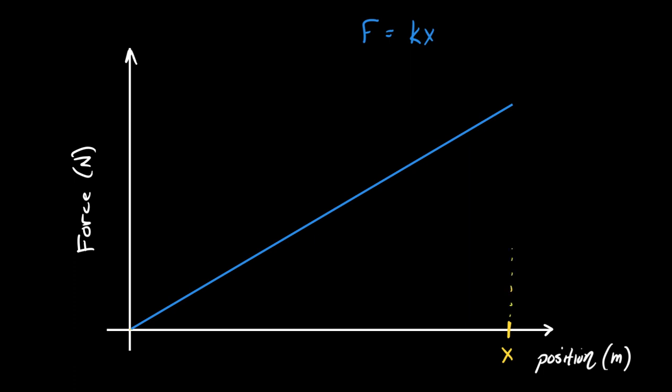So this point right here is how much force is necessary to move the object to a distance X. Can you tell me what that force would be? It's funny because it's actually right in front of you.